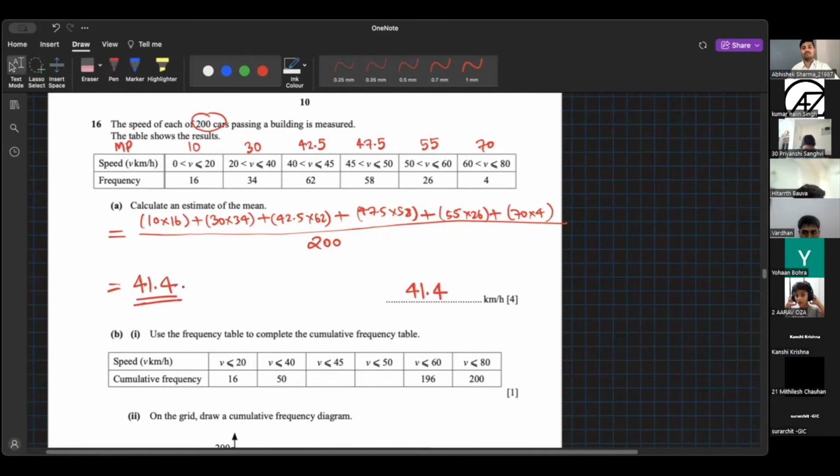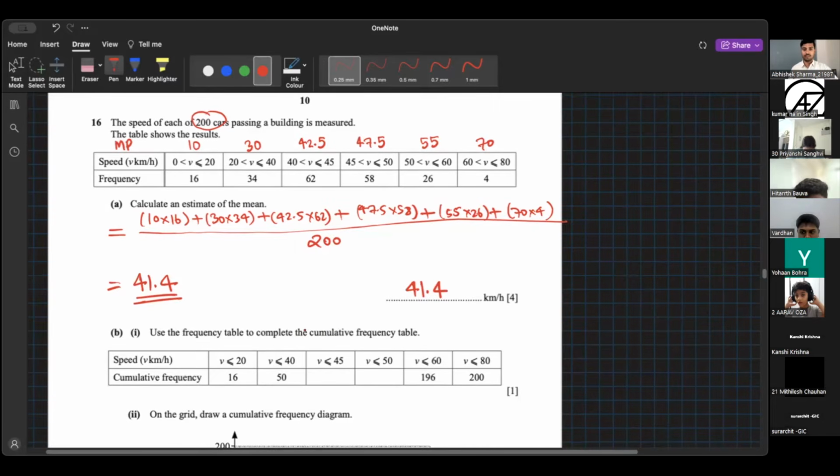I think you might have switched some value. Let me check from the answer key. Question number 16A. 16A is 41.4 only. Got it. 41.4. Perfect. Let's move on.